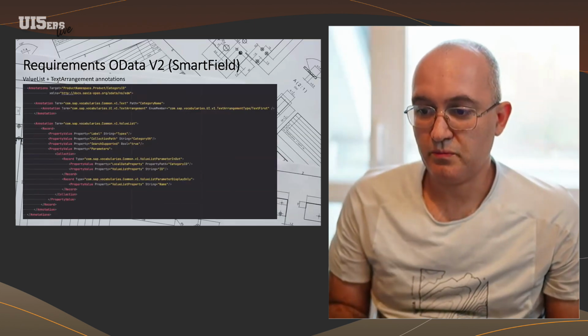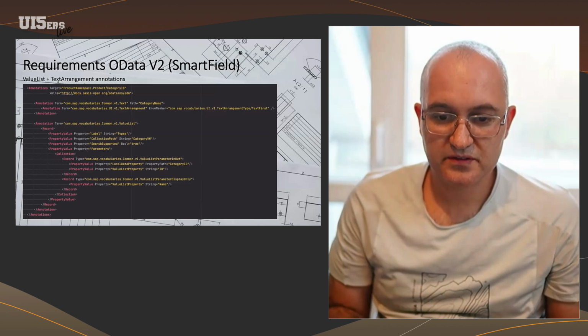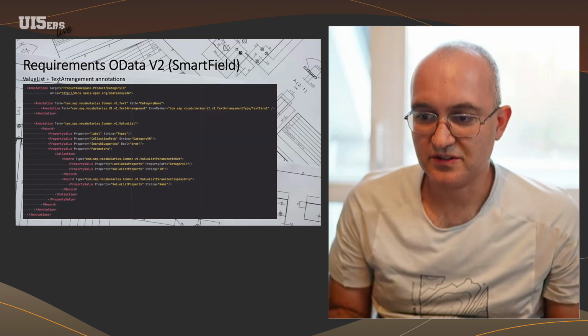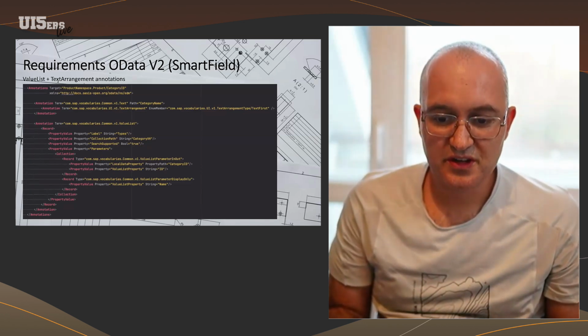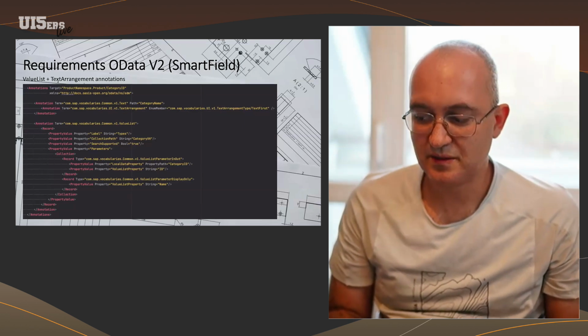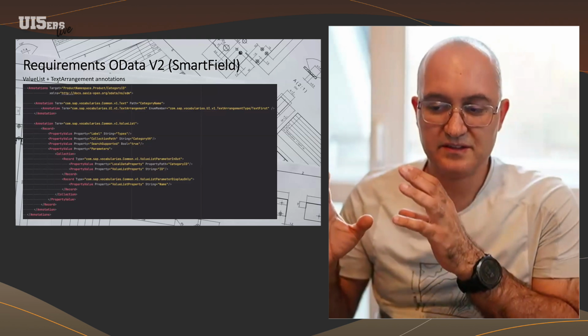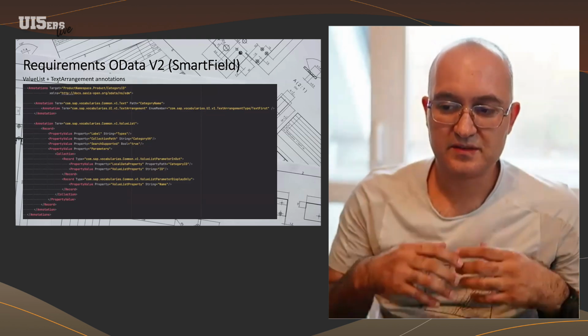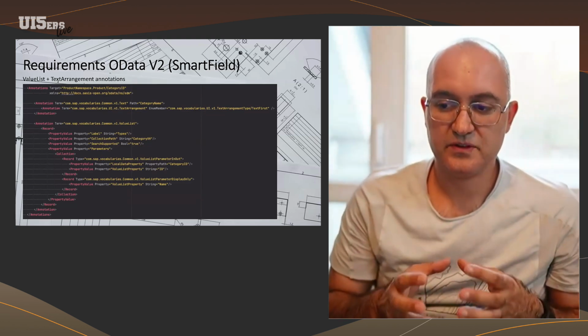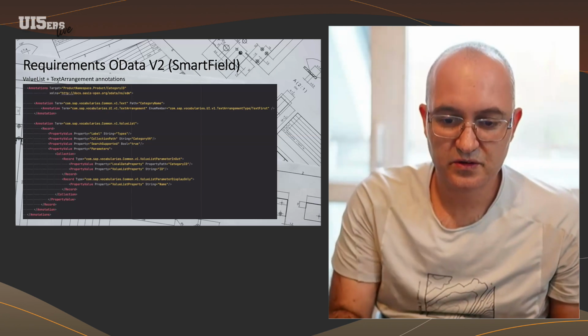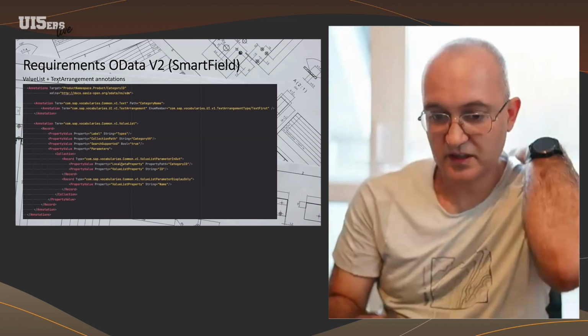And mostly the most important part of this is the value list annotation. So the value list annotation holds the mapping between the product table and the category table. It explains this to the smart field, and this is part of the OData protocol, of the OData service metadata.